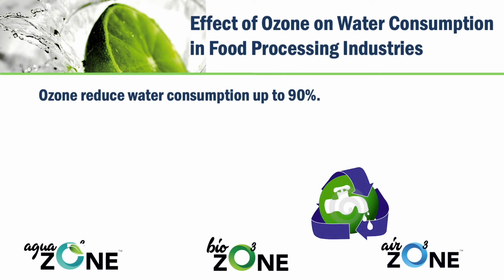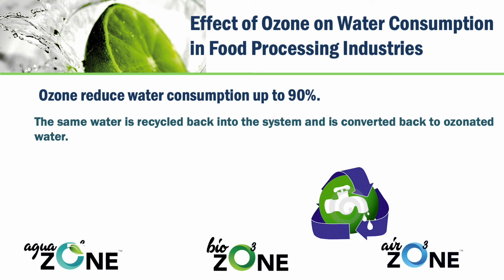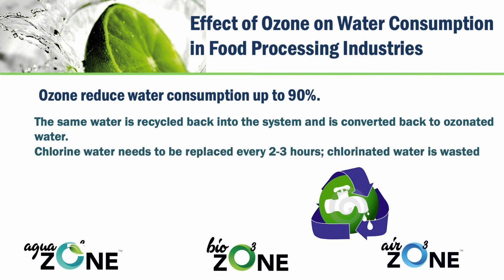In food processing, you can reduce your water consumption by up to 90% because you can recycle it, of course. The same water that you use to wash your vegetables can be converted back to ozonated water to be used for processed water, whereas chlorine water needs to be replaced every 2 to 3 hours.